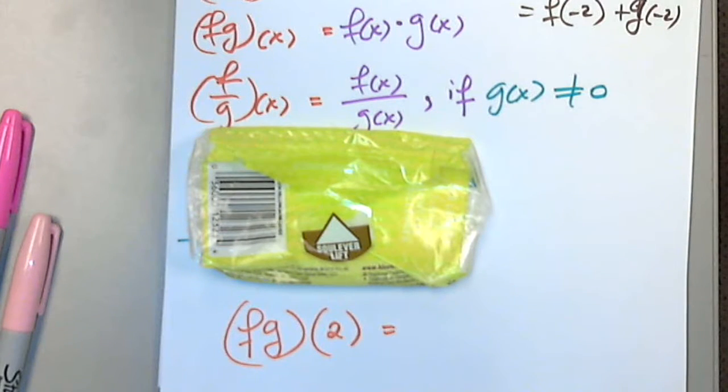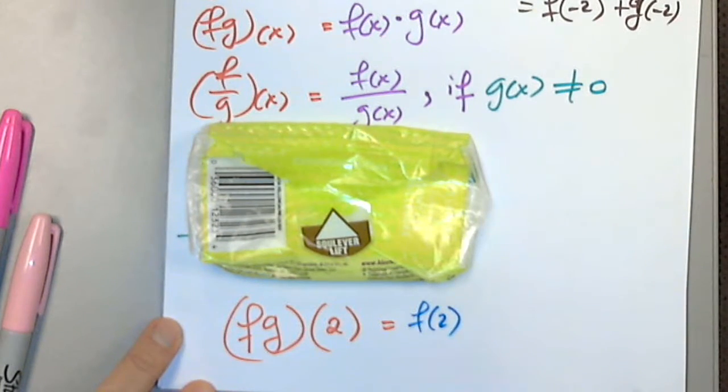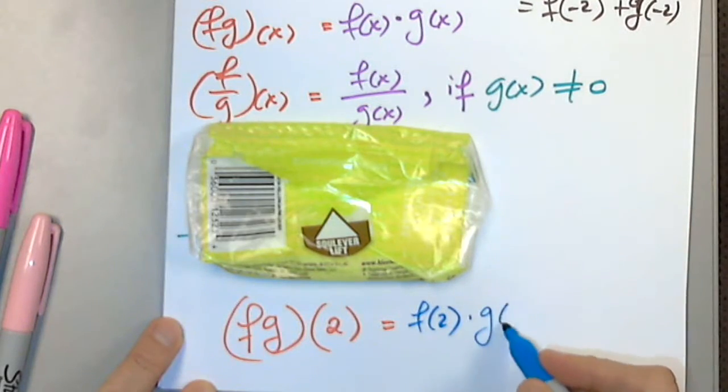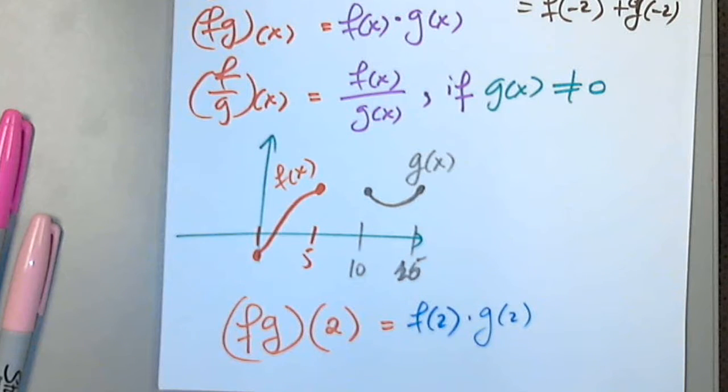Before you look at the graph, I would like you to tell me what it means. F of 2 times g of 2. Very good. Now let's look at the graph. What will you say?